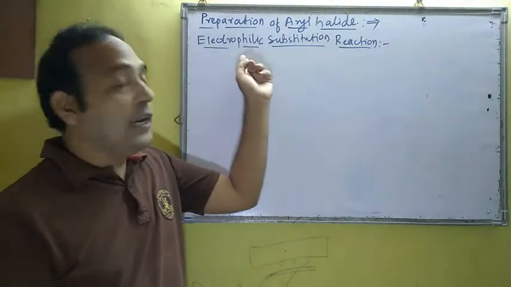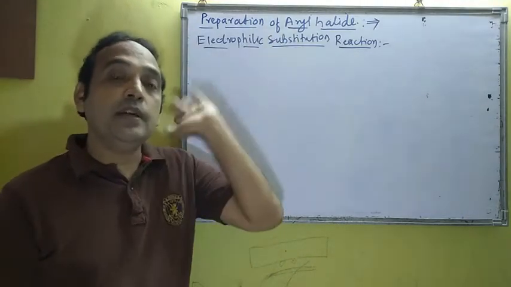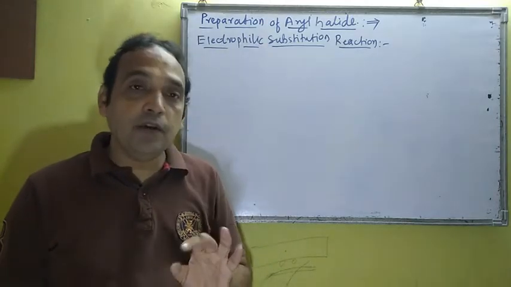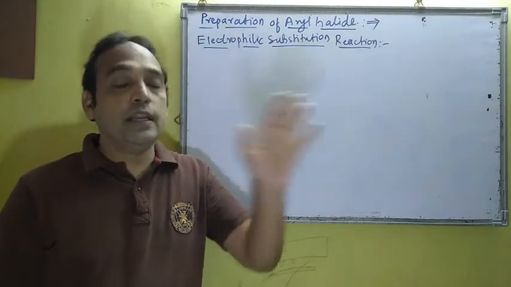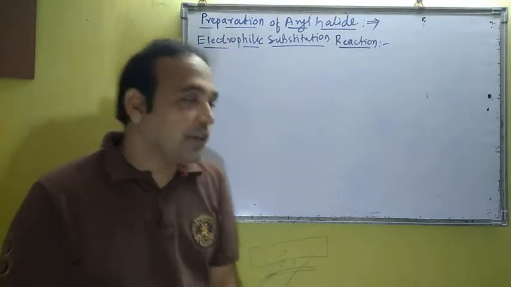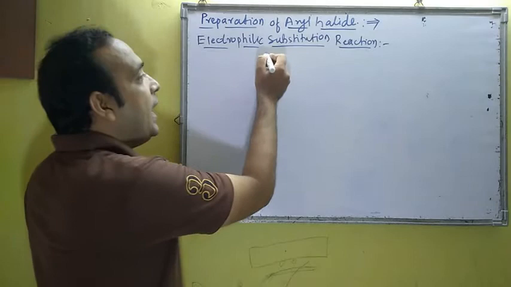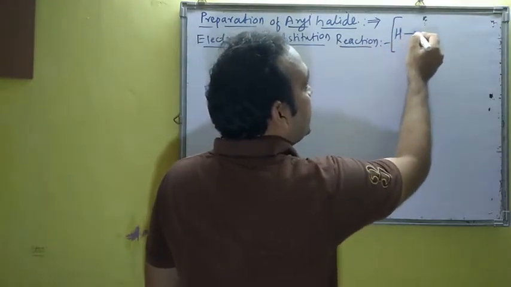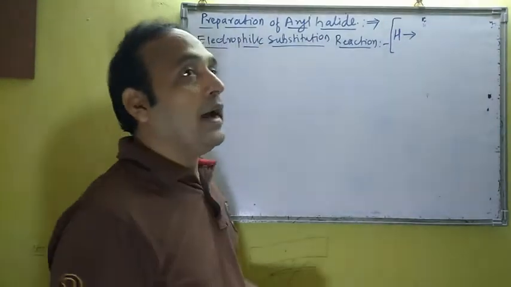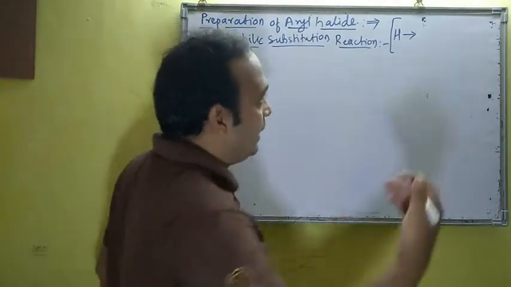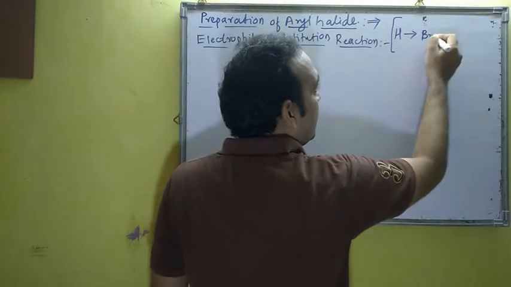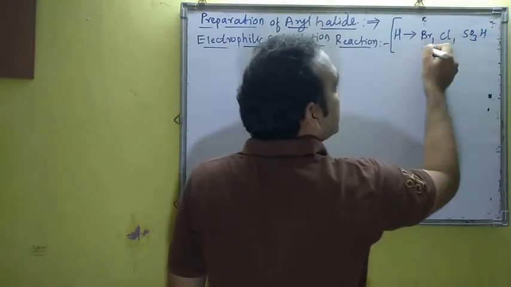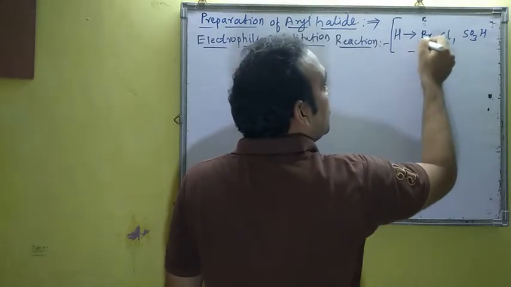Our method is electrophilic substitution reaction. Now aromatic compound benzene or its derivative easily undergoes electrophilic substitution reaction. Means in this reaction, H of benzene is replaced by a suitable electrophile like Br, Cl, SO3H, NO2.